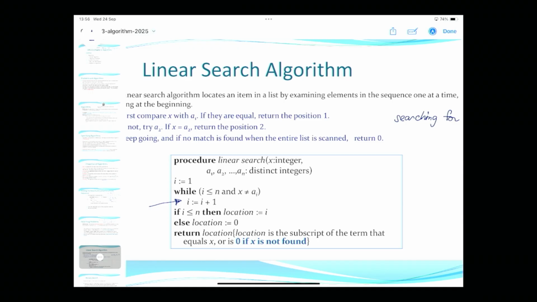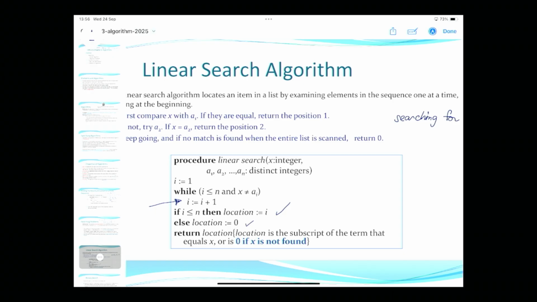If x is found in the list, then we know that it is equal to Ai. We know the value of i. Then we can report that the location where we find x is i, where x is equal to Ai. Otherwise, if we could not find x in the list, then we report 0.